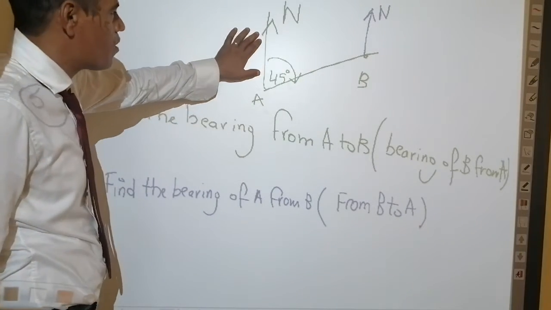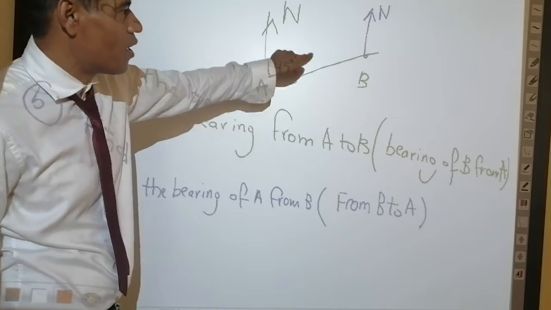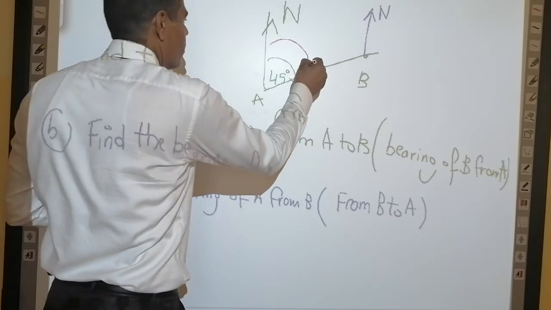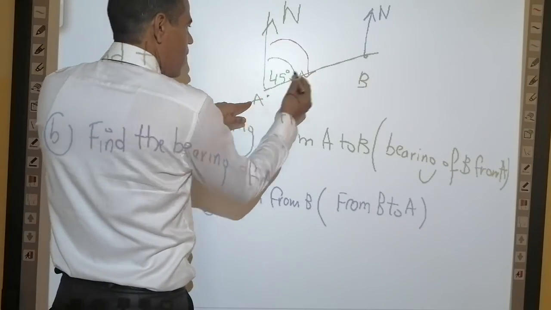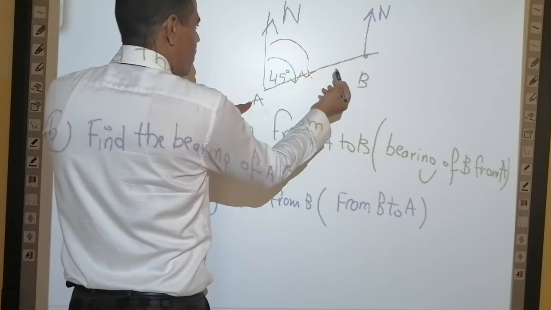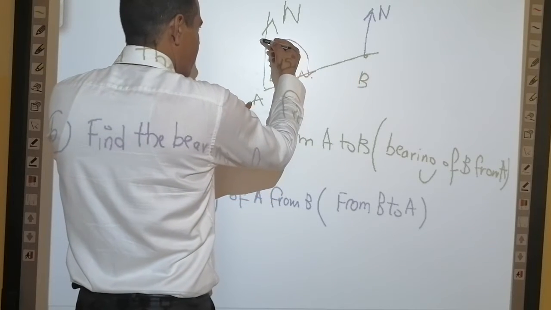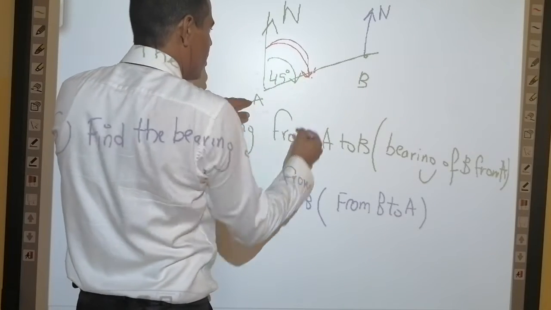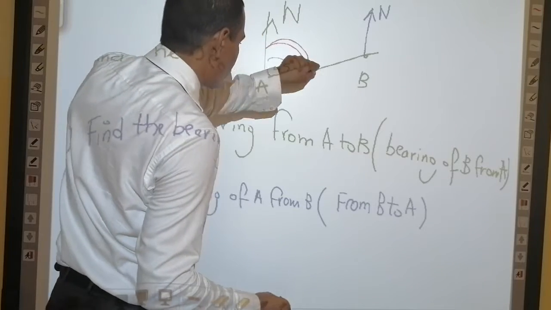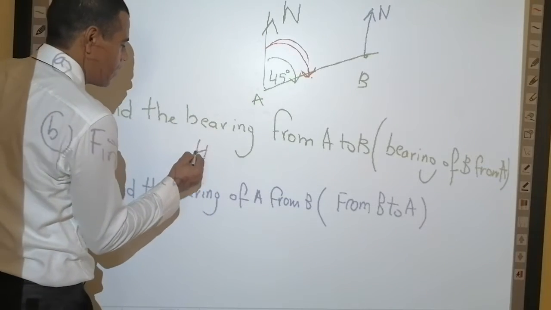In order to measure this, you should measure clockwise from the north direction. The bearing from A to B, or the bearing of B from A, is this one. We measure clockwise from the north direction, so this one is 45 degrees.